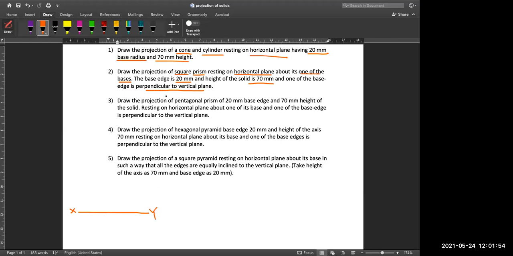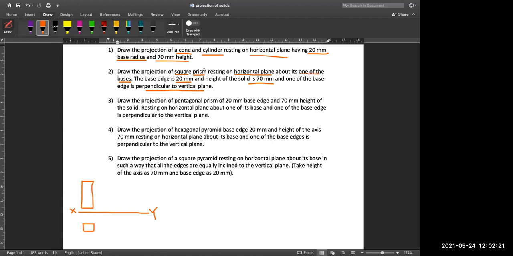Here it says you have a square prism resting on HP. So first, in your top view you will be able to see one square, and in the front view you will see a rectangle like this.